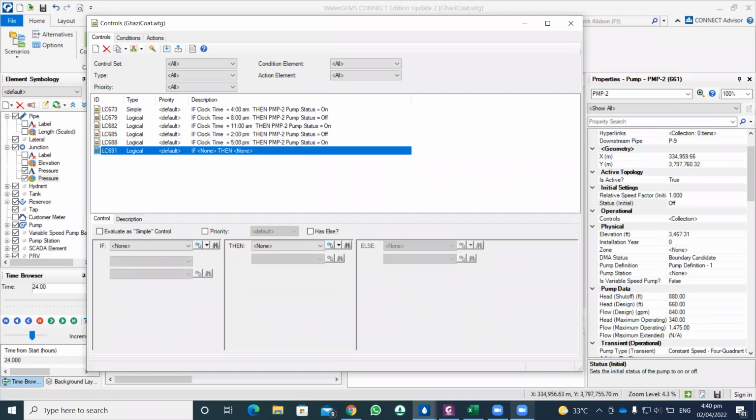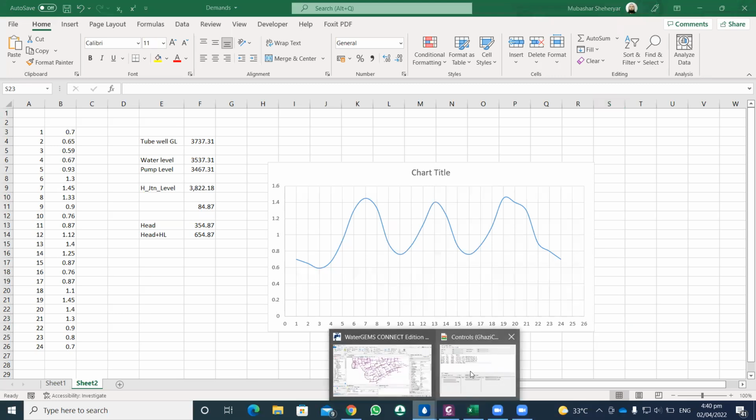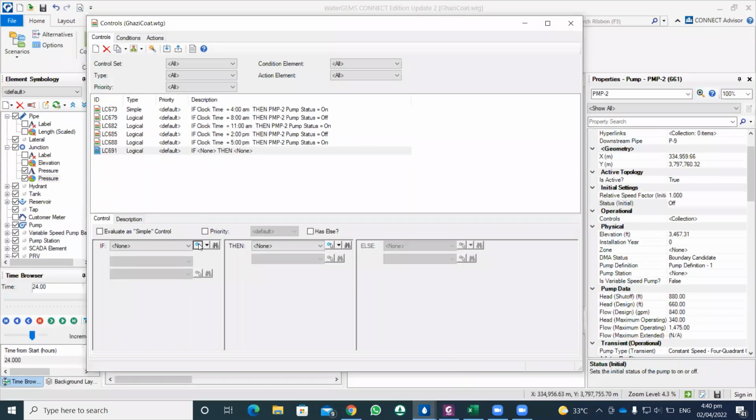Adding another condition, the pump should turn off at 21 hours, about 9 p.m. So now the pump should turn off at 9 p.m. because at that time the demand decreases. Turn off. So from here you can observe that the pump will turn on.